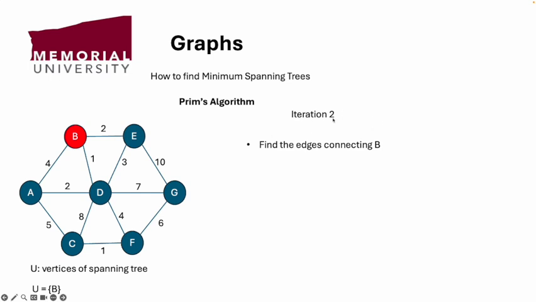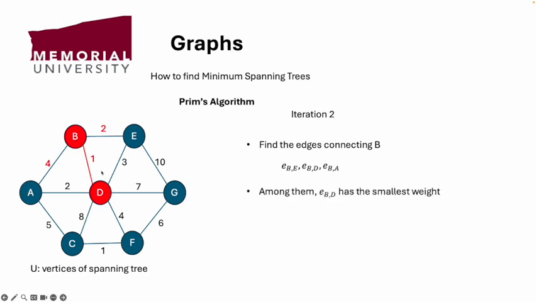Now in iteration 2, we want to find the edge connecting to vertex B. What edges connect to B? We have BE, BD, and BA. And then we want to find the minimum weight.